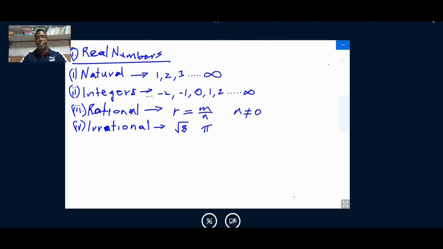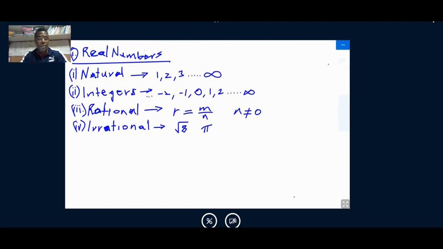Then we come to the last 2. A rational number. A number that can be expressed as a ratio of 2 numbers. And here we are using a formula. R is equals to M over N. We have one special condition though, which you must always remember. This condition, N must never be equal to 0. Otherwise, R is undefined.